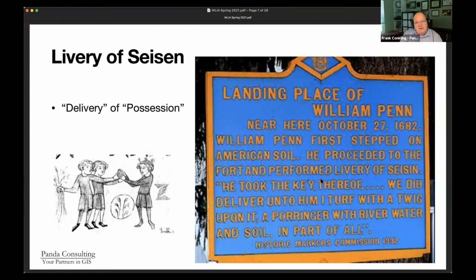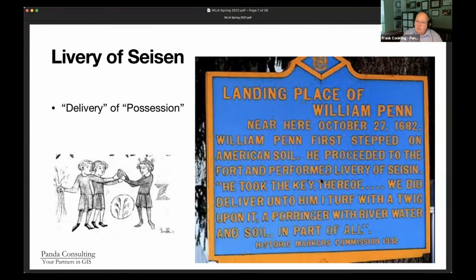And this was always the tradition that occurred when someone was going to convey to someone else a piece of property. They would all meet on that property with a witness, and then the owner of the property would walk around the boundary with the person who was purchasing it.